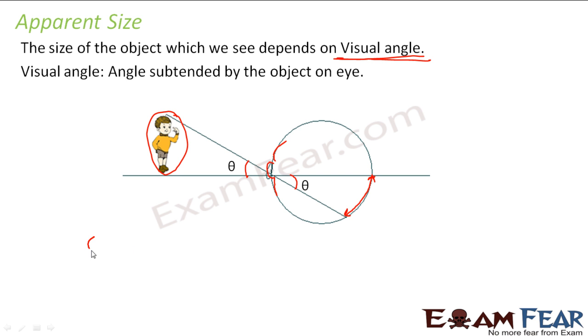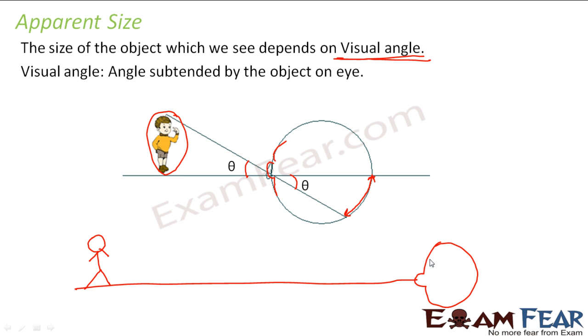Let us suppose that the same child, that is the same object, is now located at a far off distance. And this is the eye. So in this case, what is the angle subtended by this object now? It is somewhat like this.